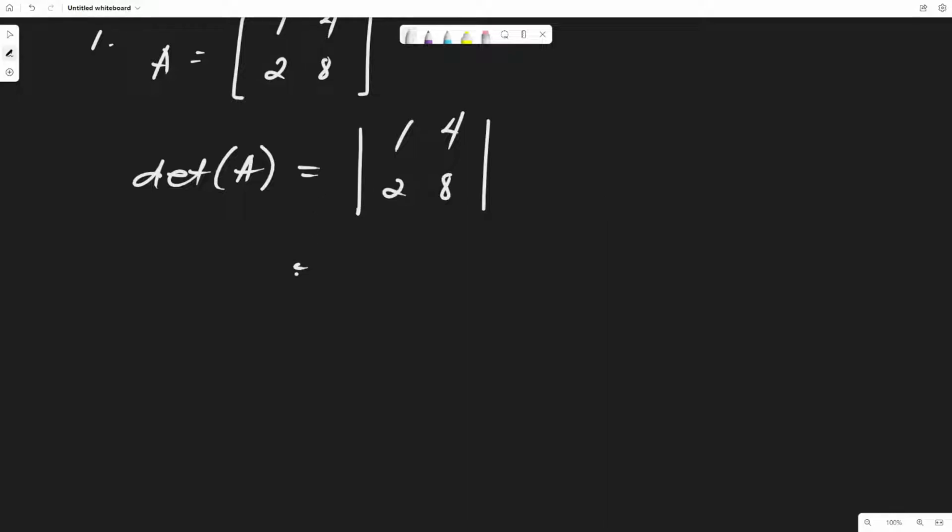Okay? So, down minus up. That is 8 times 1 minus 2 times 4, which is 8 minus 8, which is equal to 0. So the determinant of this matrix is equal to 0. That's all this says.